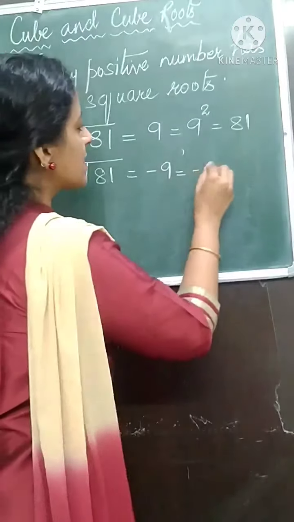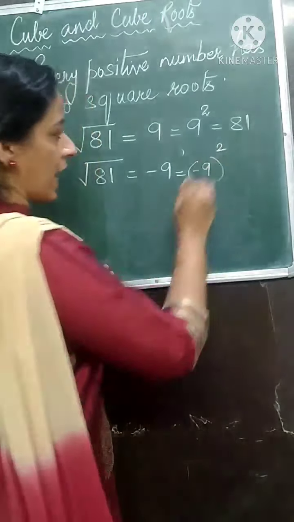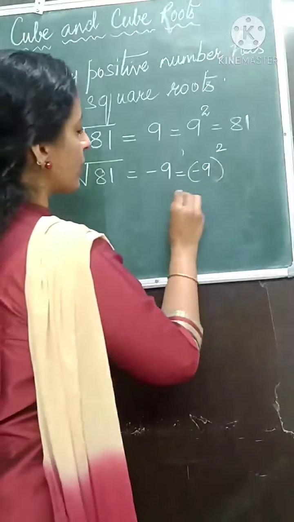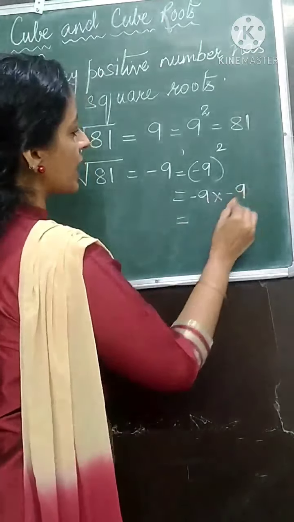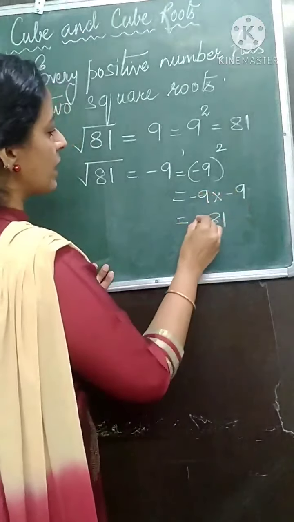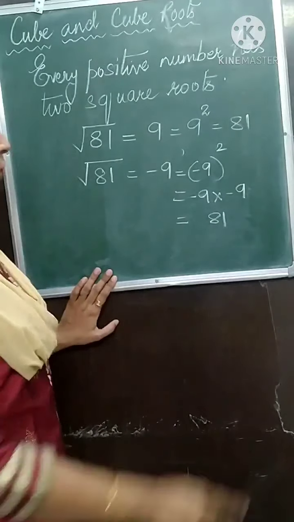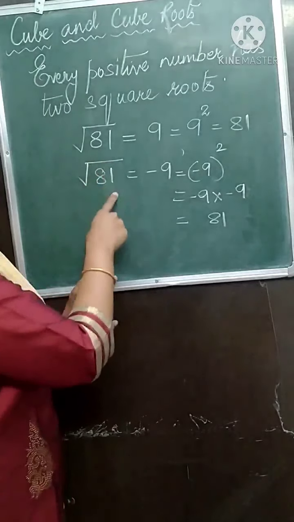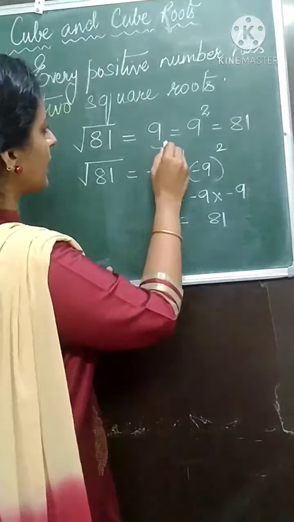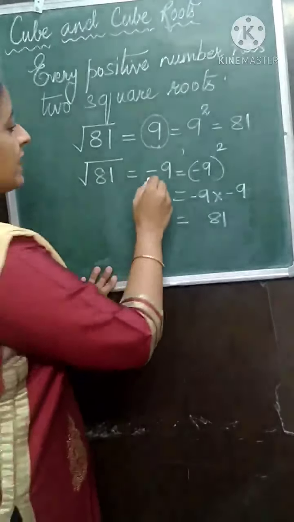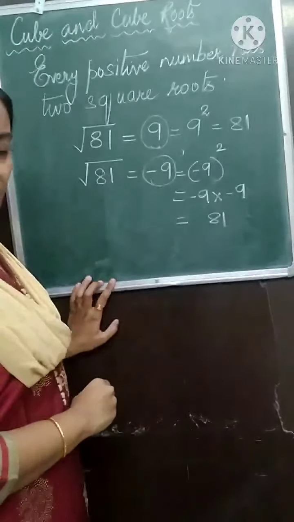Because if you take the square of minus 9, minus 9 can be written as minus 9 into minus 9, which is 9 9s are 81 and minus will become plus. So, every positive number has 2 square roots. One is a positive number, that is positive 9, and the other is negative 9.